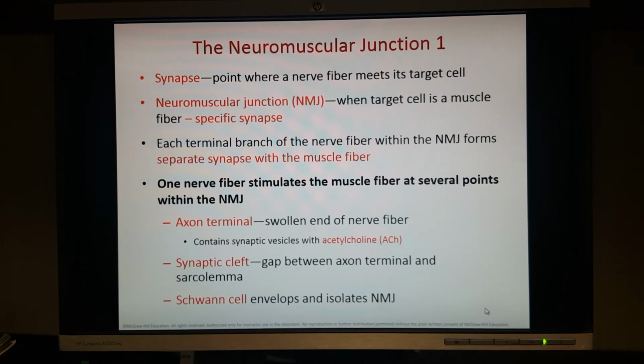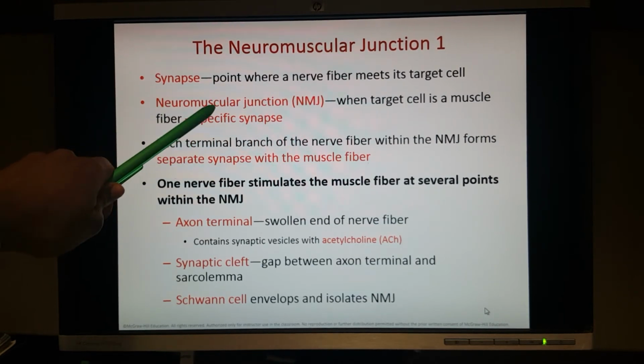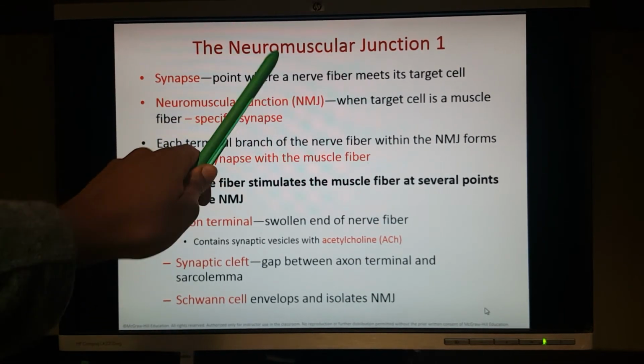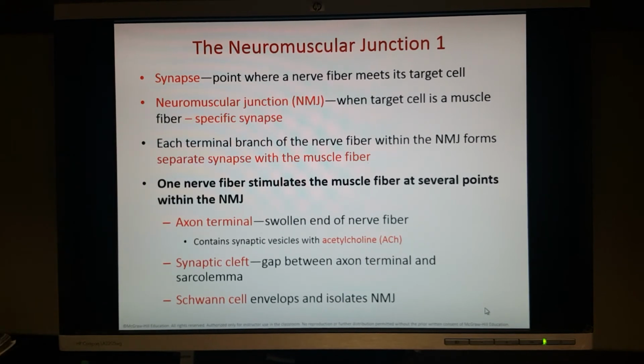So where your nerve fiber meets the target cell, in very close proximity to your target, it's called a synapse. The very specific synapse between a neuron and a muscle is called a neuromuscular junction, or NMJ for short. Again, this is a very specific synapse type, so not like a regular synapse that's between a neuron and another neuron. This one's between a neuron and the muscle.